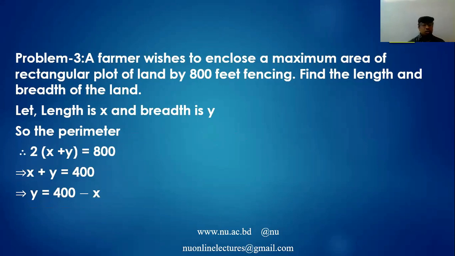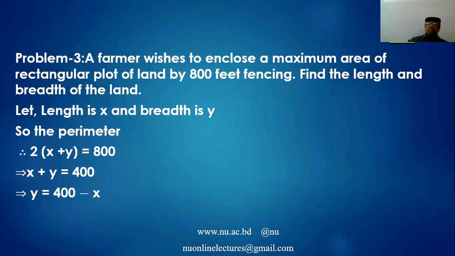So solution: let length be x and breadth be y. Just consider length is x and breadth is y. So the perimeter 2 into (x plus y) equal to 800, because the perimeter, the fence, 800 is given.